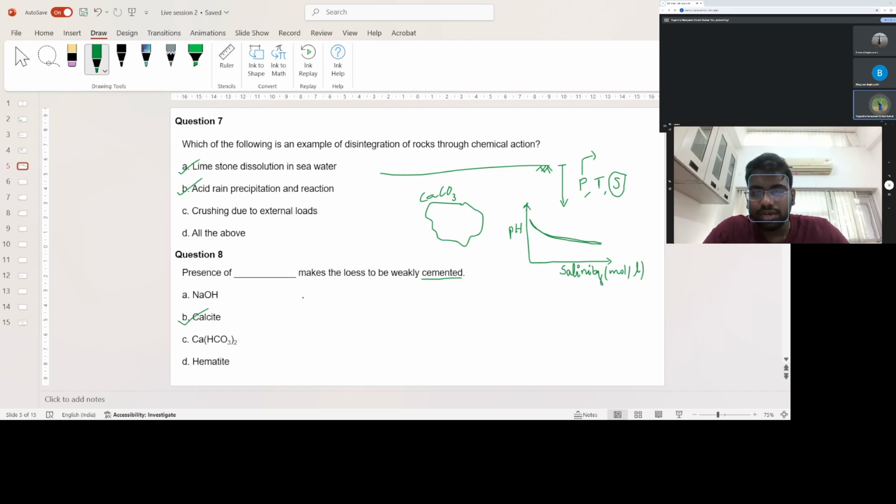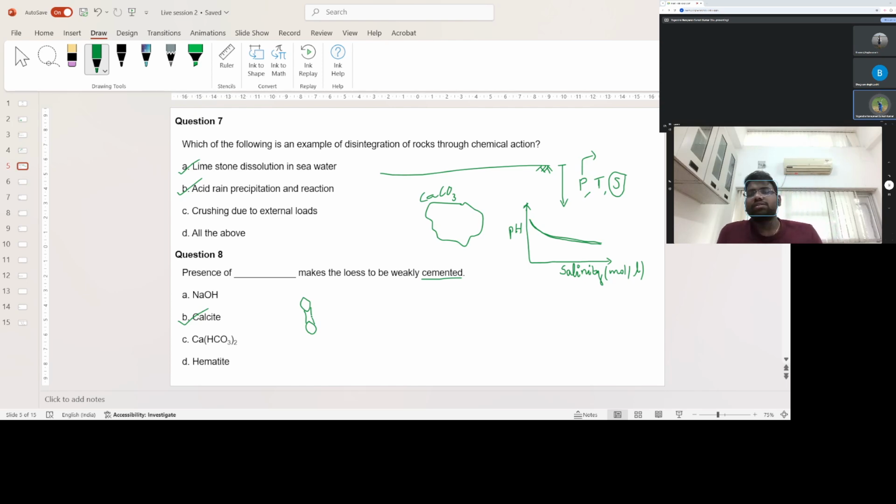If you take two grains, there will be a cementing agent which bridges these two. It can be either silica cement, or carbonate cement, which is calcium or magnesium, or in some cases it is clay also.